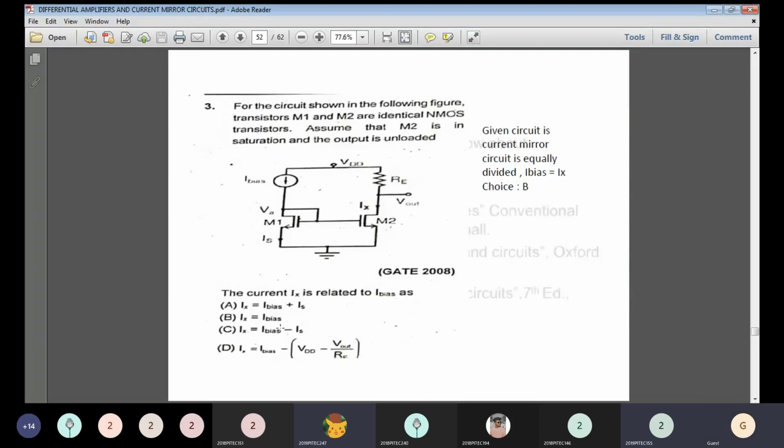Moving on to this question, this is a current mirror circuit again. Transistors M1 and M2 are connected as a current mirror. So what is the basic equation relating Ix to I bias?